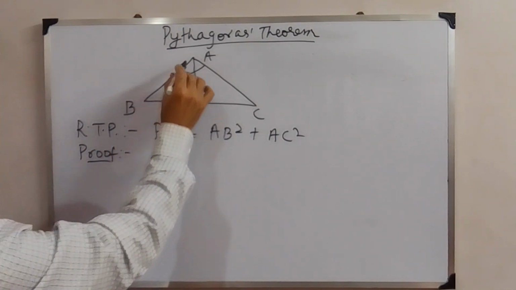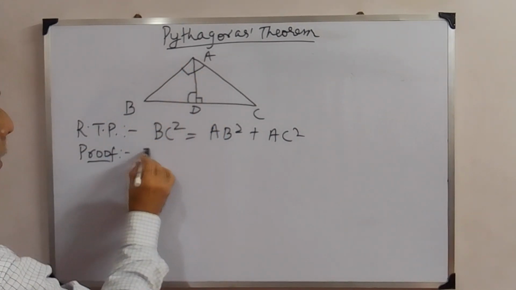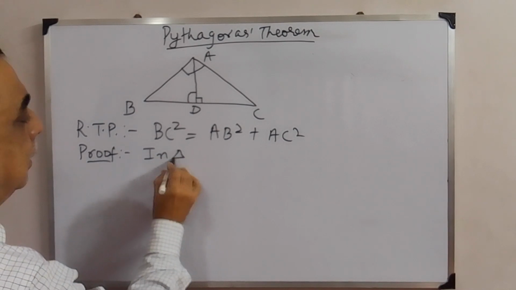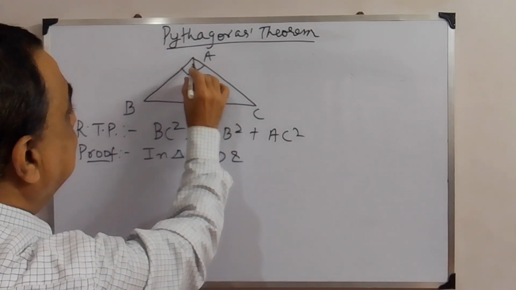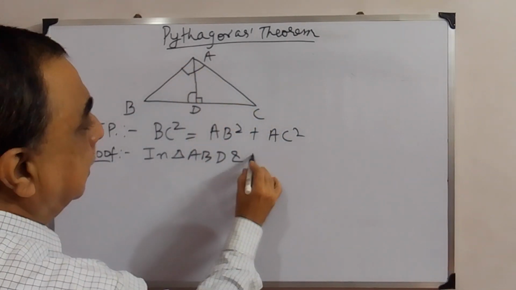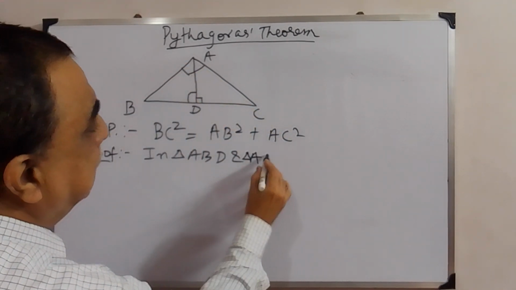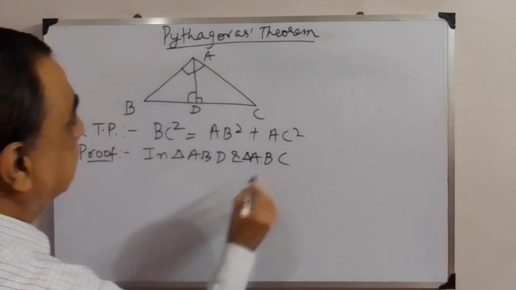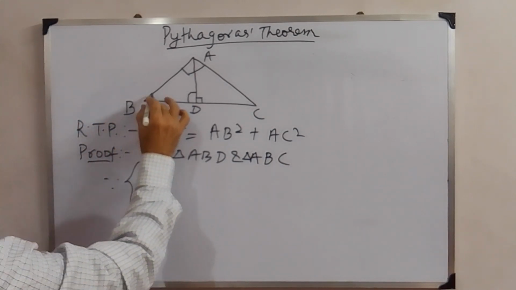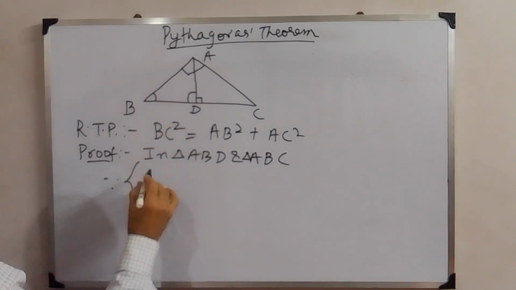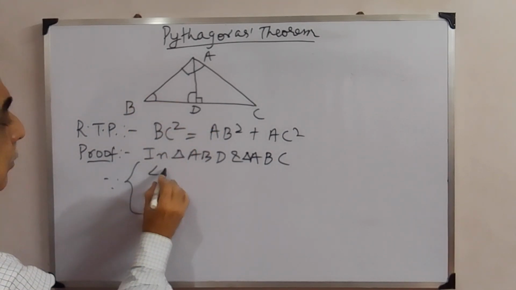In triangle ABD and triangle ABC, what do we have in these two triangles? This angle is common in both the triangles.